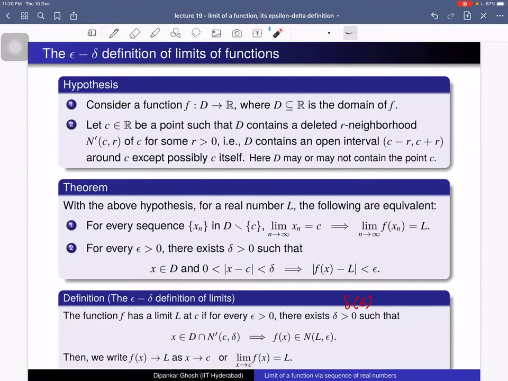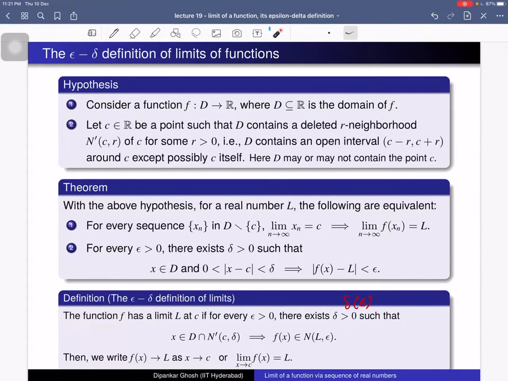So for every positive real number epsilon, there should be some positive real number delta depending on epsilon. If you vary epsilon, then this delta will vary. So for every epsilon, there should be some delta which satisfies this. That is the epsilon-delta definition.